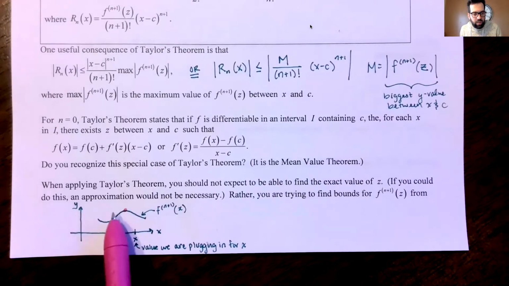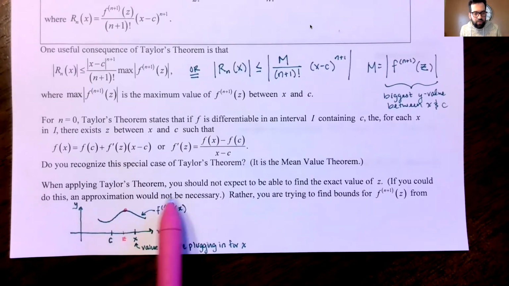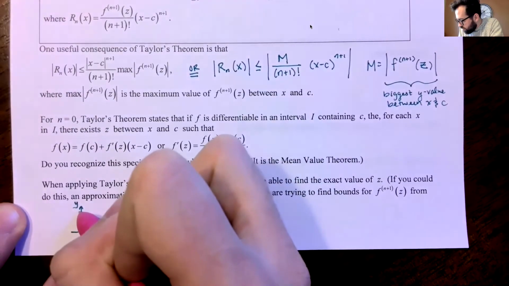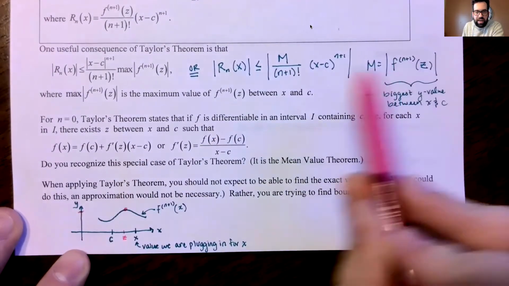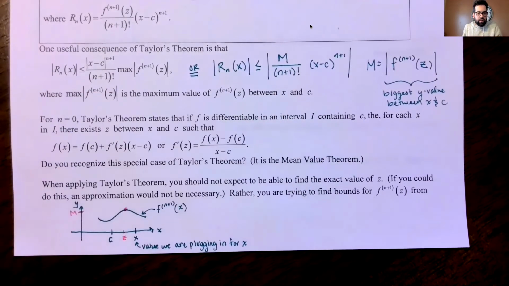We're talking about what's the maximum output or y value here of this n plus first derivative between c and x. So maybe we're lucky enough to actually know what that number is. We could plug that in as M. So this would be M. Maybe we don't know what it is, and we'll have to figure it out. But hopefully in some context, within some examples, this will make more sense.